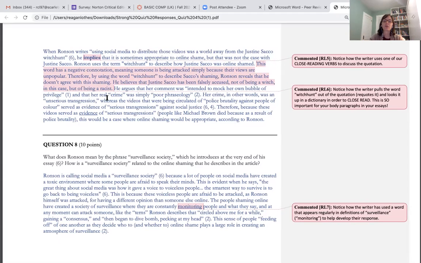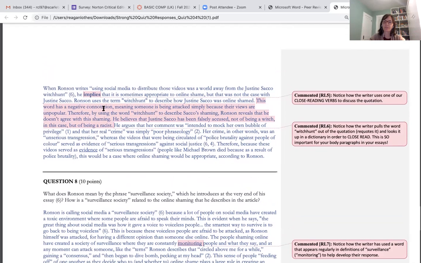Because these videos served as evidence of serious transgressions against social justice, people like Michael Brown died as a result of police brutality. This would be a case where online shaming would be appropriate, according to Ronson.